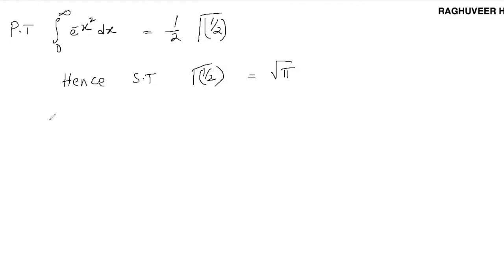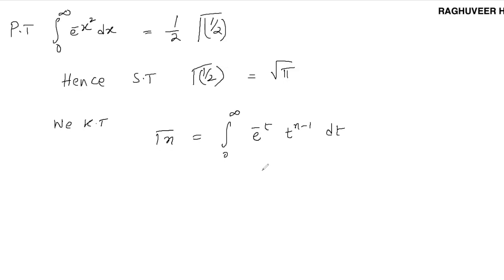So we know that gamma n is equal to integral 0 to infinity e to the power of minus t, t to the power of n minus 1 dt. This is the gamma function.